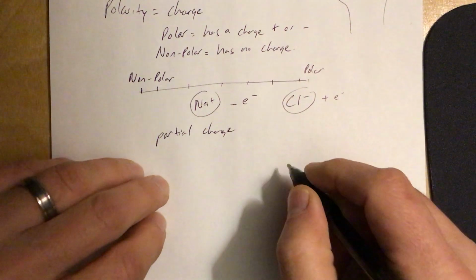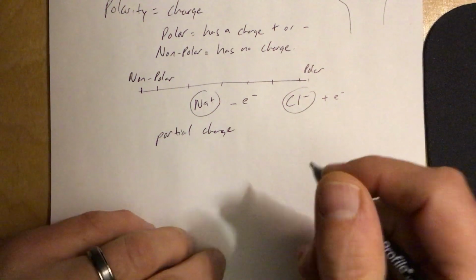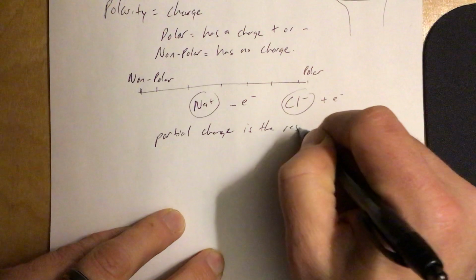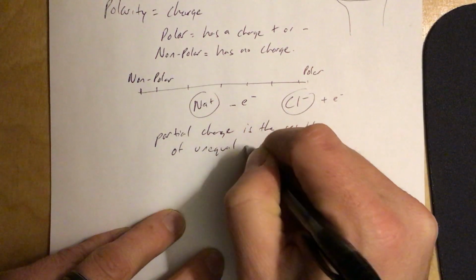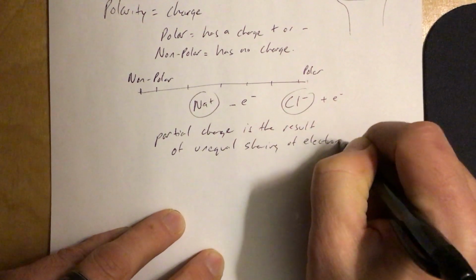And this is most of the situation when dealing with molecules. Partial charge is the result of unequal sharing of electrons.